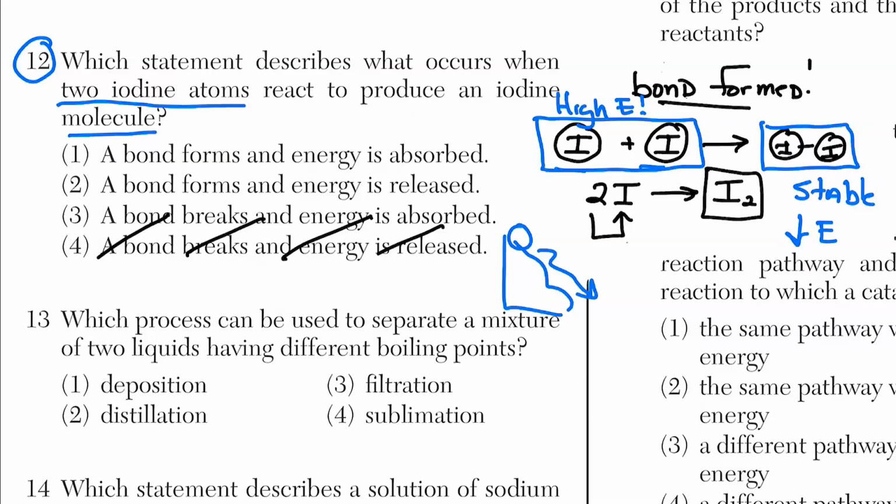Birds are going to land spontaneously without putting any energy in. But when birds want to fly, they have to use their muscles and energy to fight gravity. These are things you should understand. So anytime a bond is formed, energy is always released. So therefore, 2 is the answer.